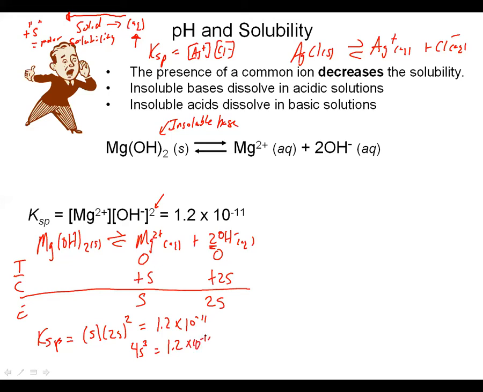We're going to divide by 4 and take the cube root of that, and we will get S is equal to 1.44 times 10 to the minus 4.